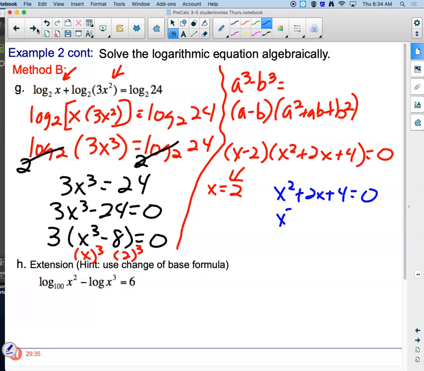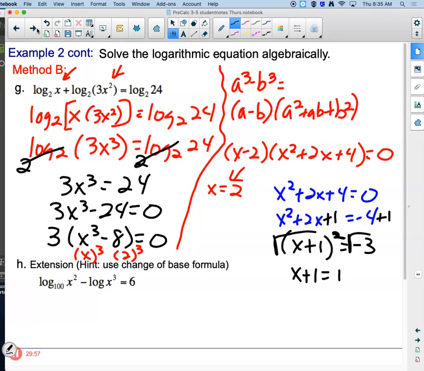So we'd have to complete the square. We'd take our b, divide it by 2, and square it. And then we'd square root both sides and simplify. I guess I'd take care of it right now. Simplify the square root of negative 3 and make it i square roots of 3, and then subtract 1 from both sides.